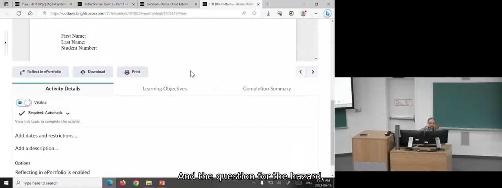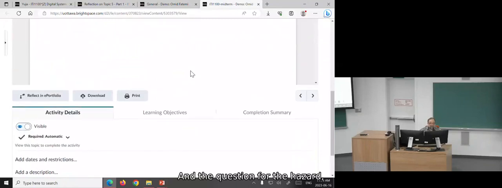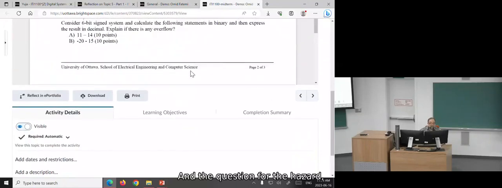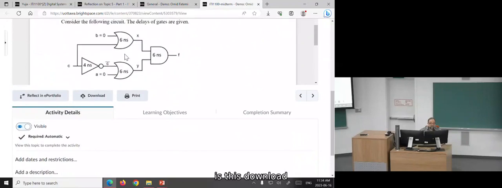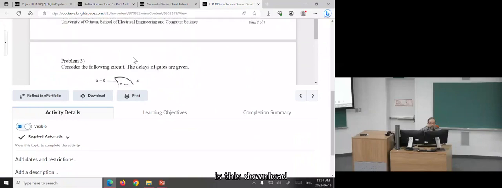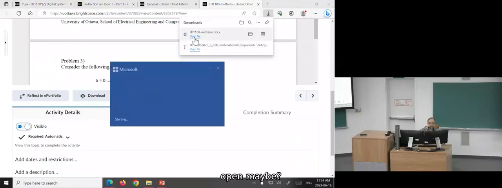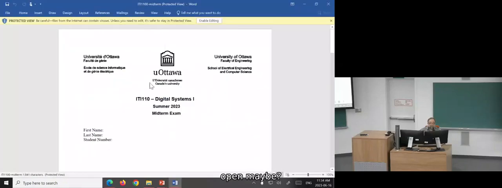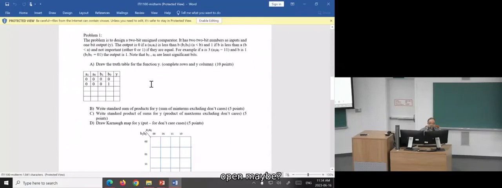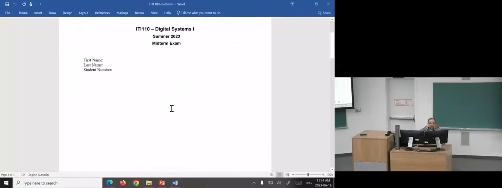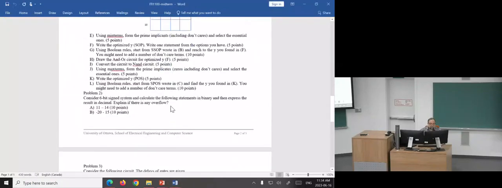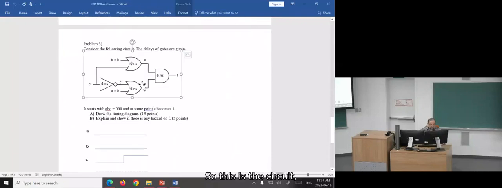Okay, and the question for the hazard is this. Download, open. Okay, so this is the circuit.